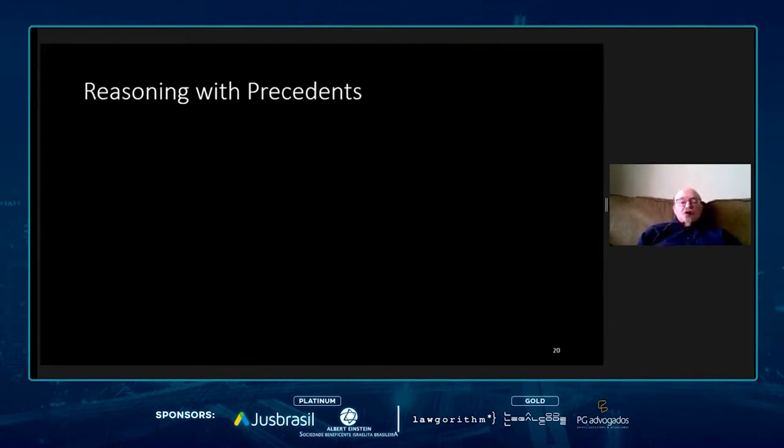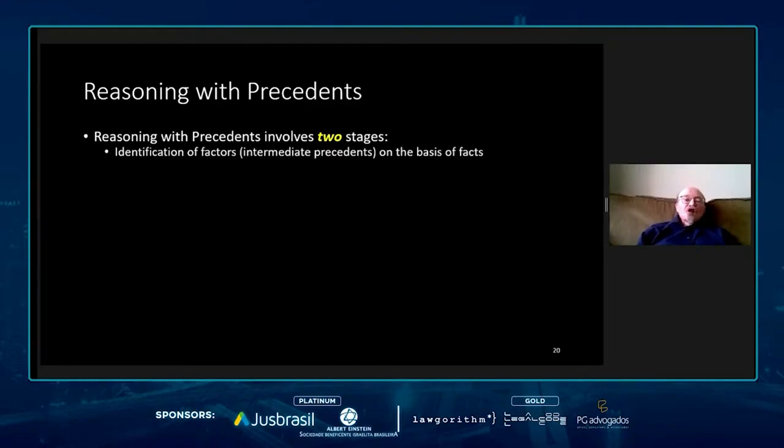And the reason for this is that reasoning with precedents involves two stages. Firstly, we identify the factors, sometimes termed intermediate predicates in the literature, on the basis of facts. And we find this in jurisprudence, in Hage's paper.